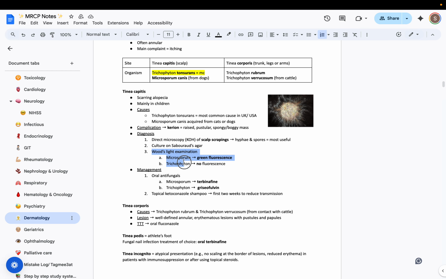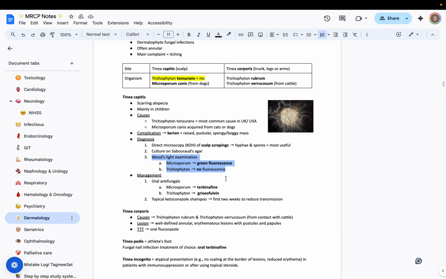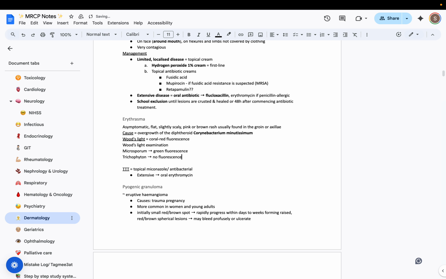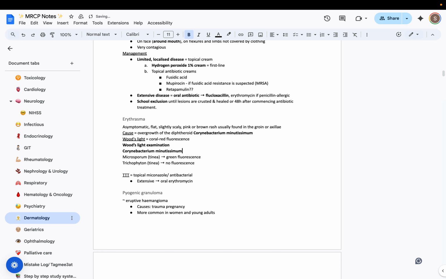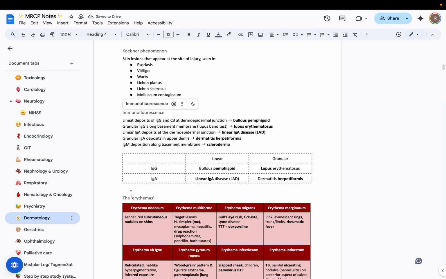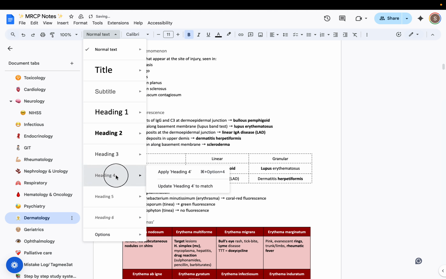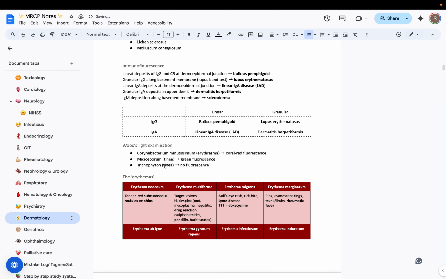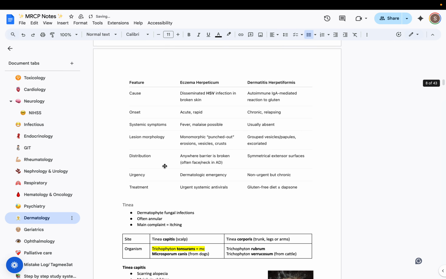With Wood's light, Microsporum would be green fluorescence, Trichophyton would be no fluorescence, and erythrasma gives a coral red fluorescence. So most of the tineas would have no fluorescence actually.